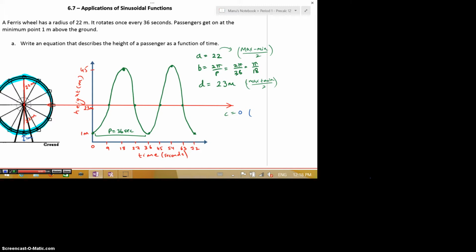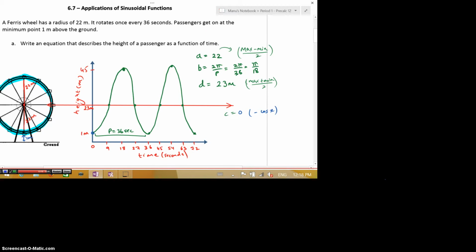Be a little bit more specific. It's not going to be a cosine function. It's going to be a negative cosine function. Notice the cosine starts at the maximum, goes all the way down. If the phase shift is 0, you're starting over here, right? You're starting at the bottom, going all the way up. So that means you're looking at a negative cosine. So if the phase shift is 0, you're looking at a negative cosine function.